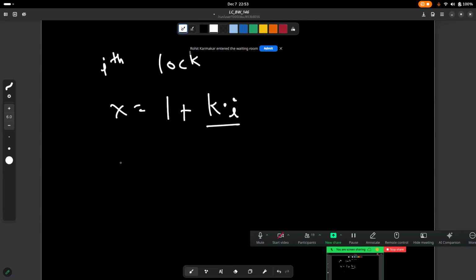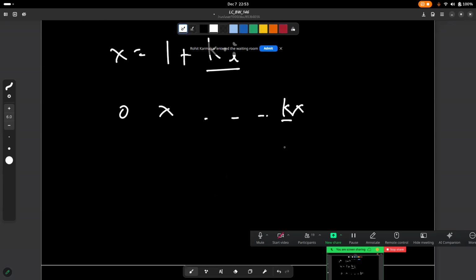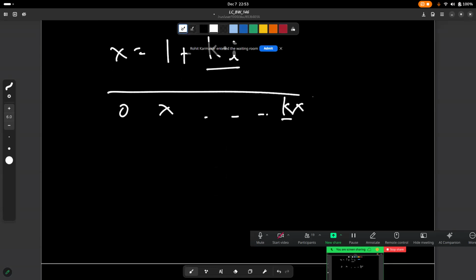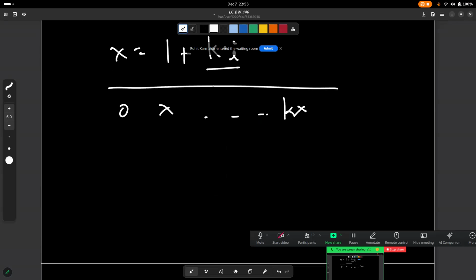Now what is your wait time? So what is this 0, x, all the way up to, okay, I think we had a bit of duplication in our notation. What is this k into x? This k and this k are supposed to be different, but we have used k, so I just continue using this k, but it's different.